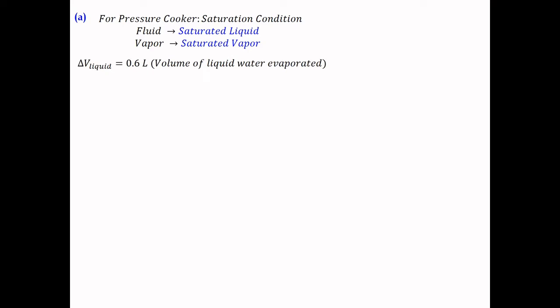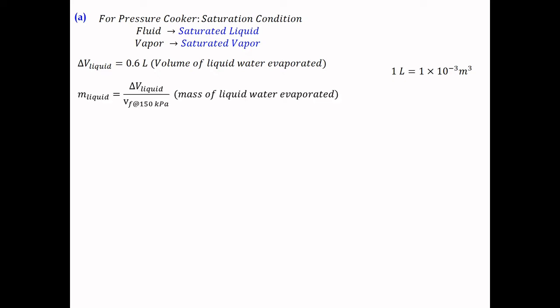Okay, from the information given in the question, the volume difference in terms of liquid is equal to 0.6 L, where this volume actually evaporates from liquid to steam. And we know that 1 liter equals 1 times 10 power of negative 3 meter cubic. First, we determine the mass of the liquid that changes to steam, and this mass of liquid is the same as the mass of steam produced during the process.